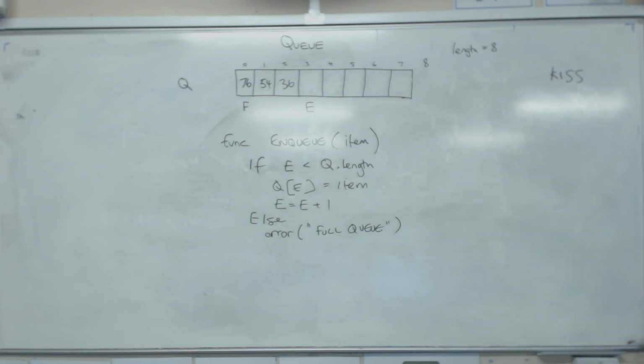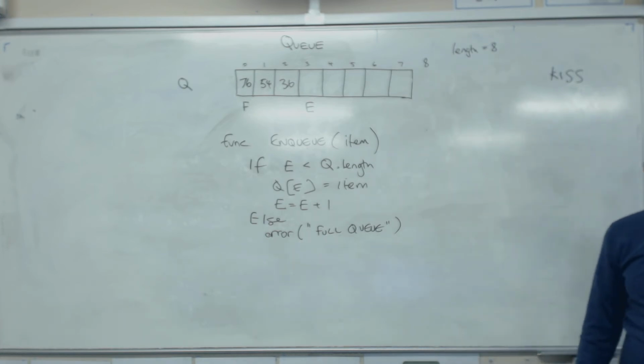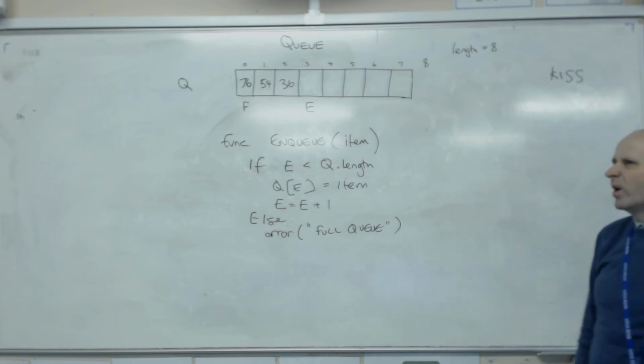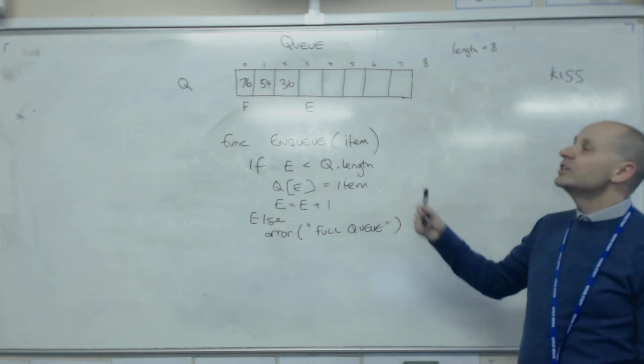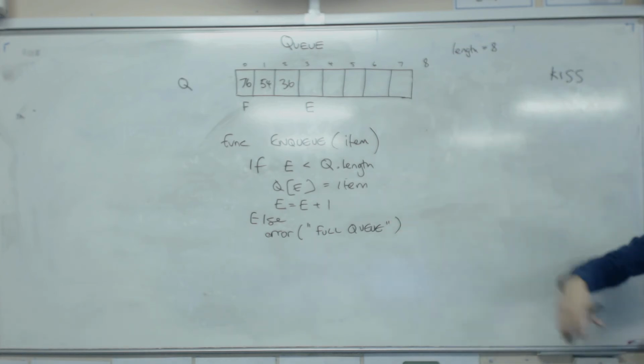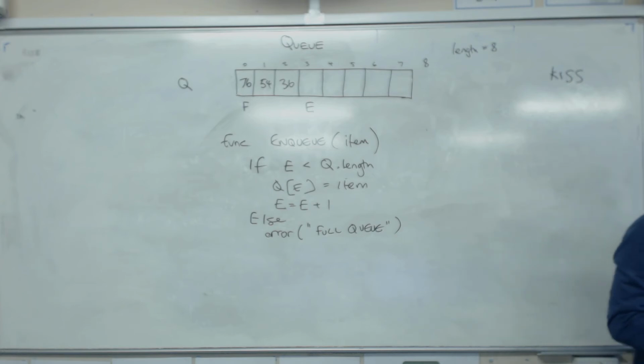DQ is the same, but we're messing about with the front pointer. So I'll give you a couple of minutes. Try and write the DQ. So same structure. Yeah, the one to remove. So it needs to return an item.